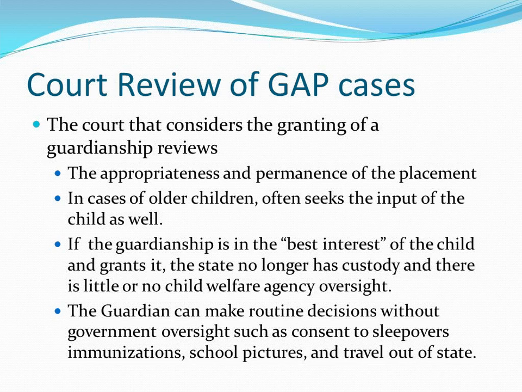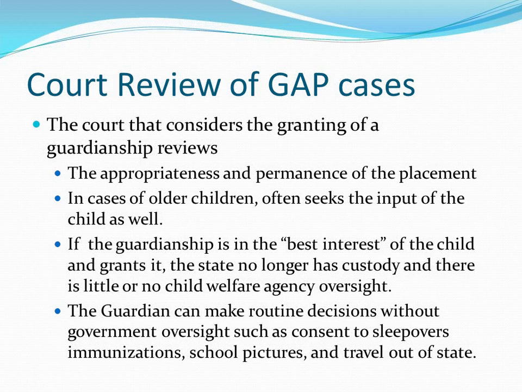Is this an appropriate placement for you, one that you want to stay in, and one that you anticipate will be a successful and permanent placement to adulthood? The input of the older child is taken into consideration.